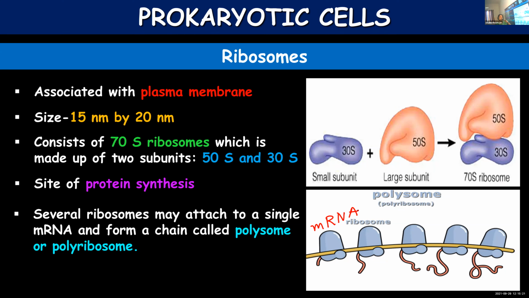You will be learning the process in detail next year. Several ribosomes are attached to a single messenger RNA, forming a chain, and what you see as a tail is a chain of polypeptide.